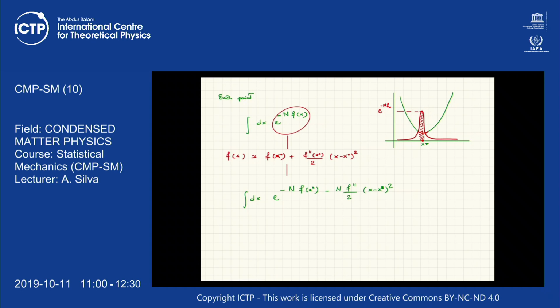In other words, this is approximately e to the minus n f star times some number, which are just the Gaussian fluctuations. What people call Gaussian fluctuations is just this Gaussian integral, integral dx of e to the minus n over 2 f double prime (x minus x star) squared. You see, this is the way it works.